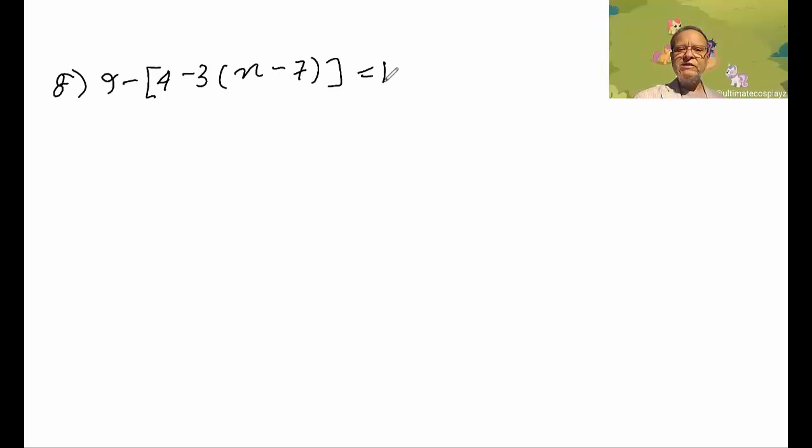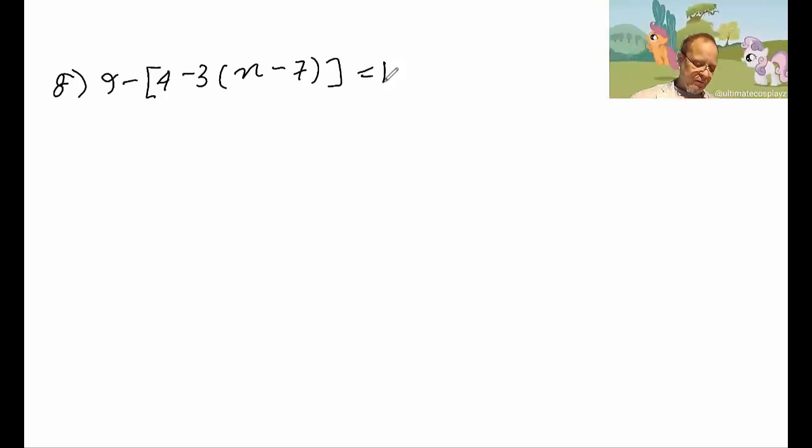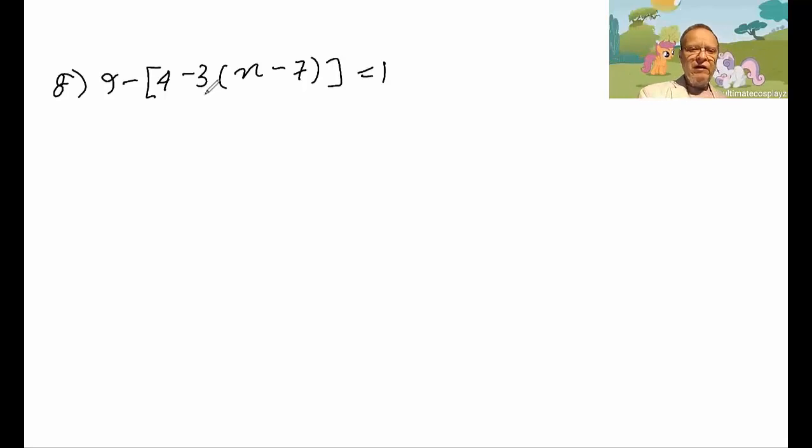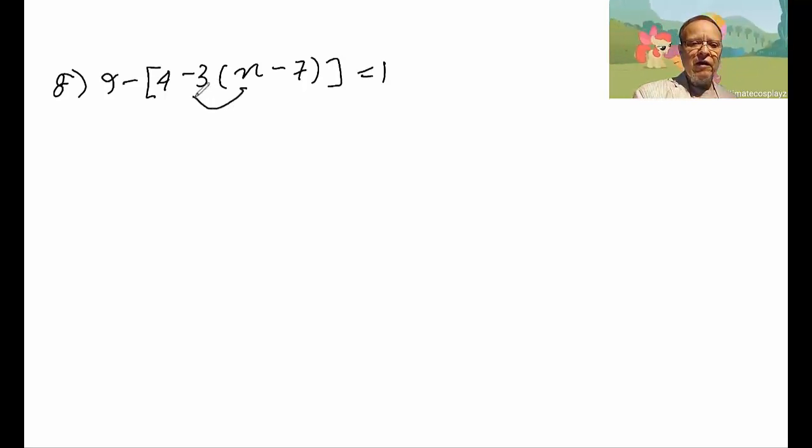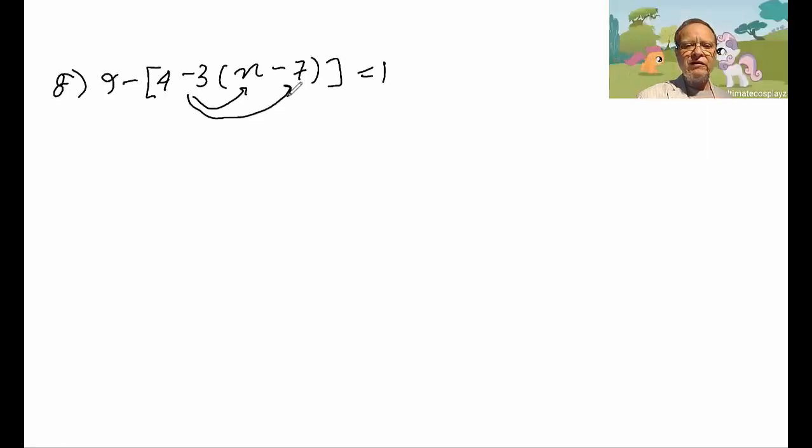Well, whenever we see more than one set of brackets embedded in another set, what we want to do is start with the innermost bracket and then go outward. So here we will start with the innermost bracket, negative 3 times x and negative 3 times negative 7, where we use the distributive law.